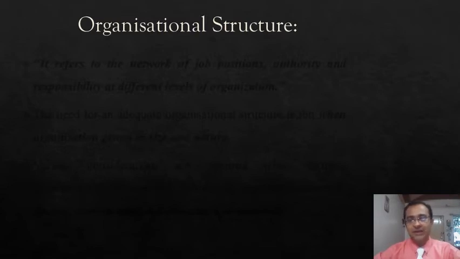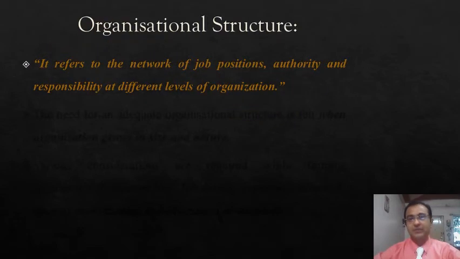There are different types of organizational structure in Form 12, but before we discuss them, first of all we have to discuss what exactly organizational structure is. Students, organizational structure means the network of job positions, authority and responsibility at different levels of the organization.